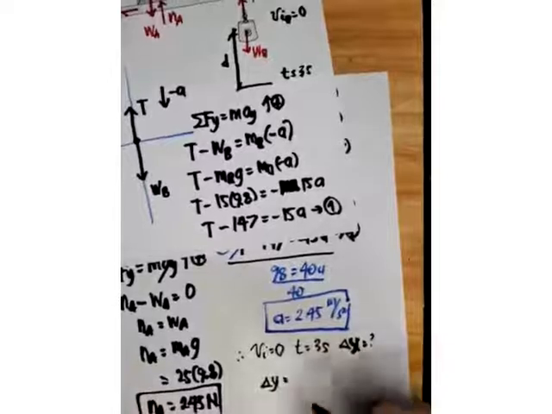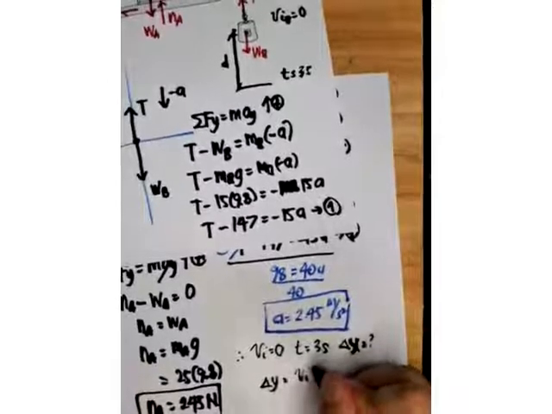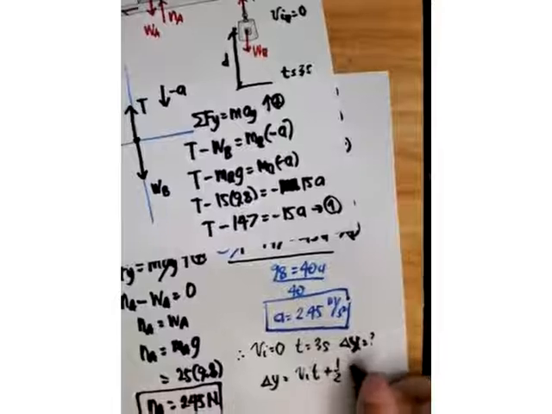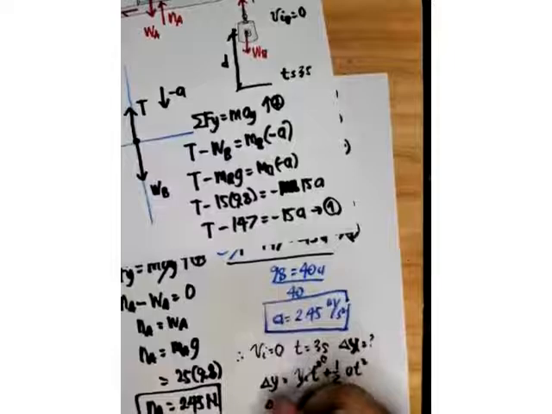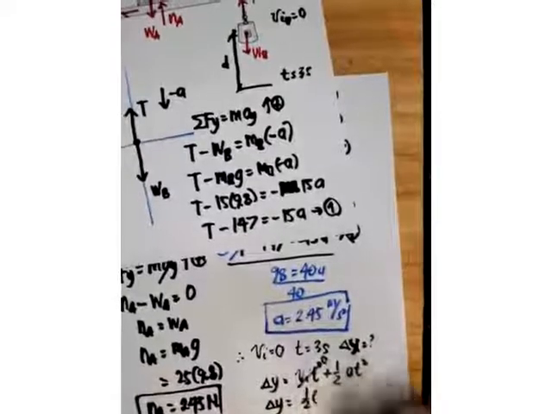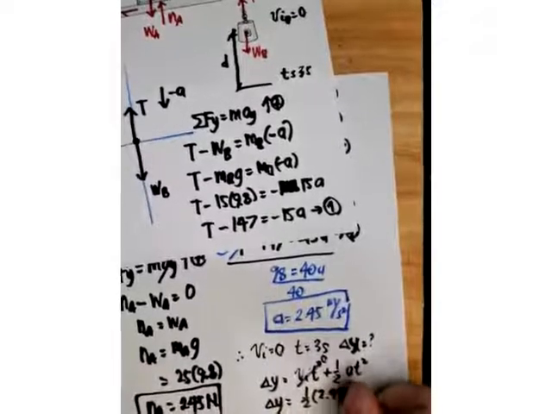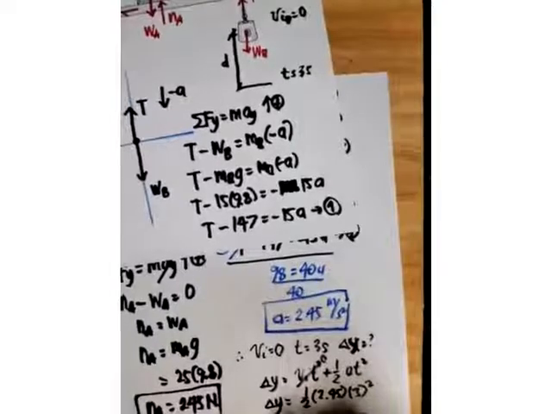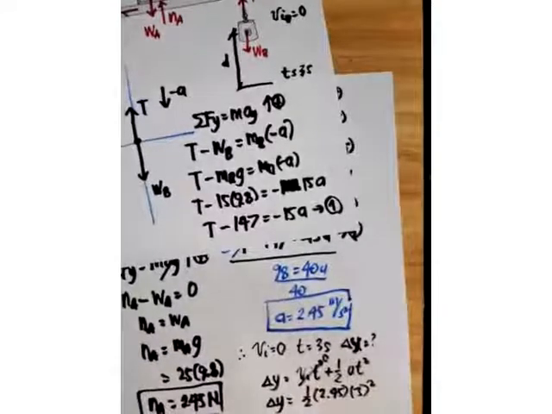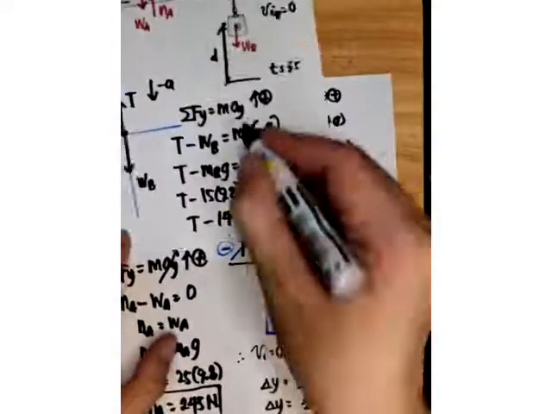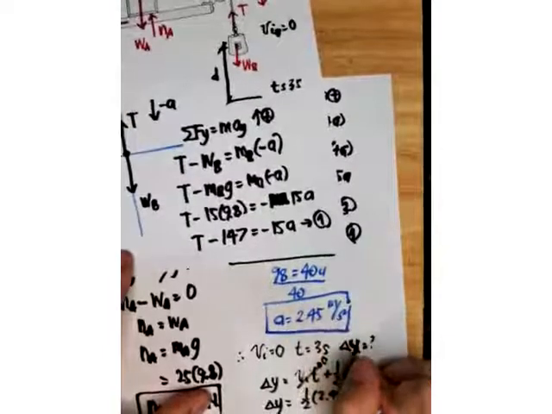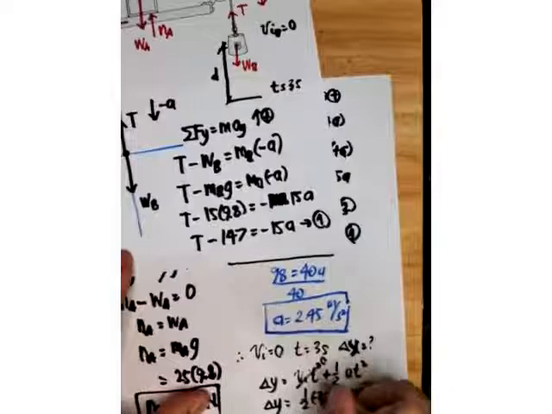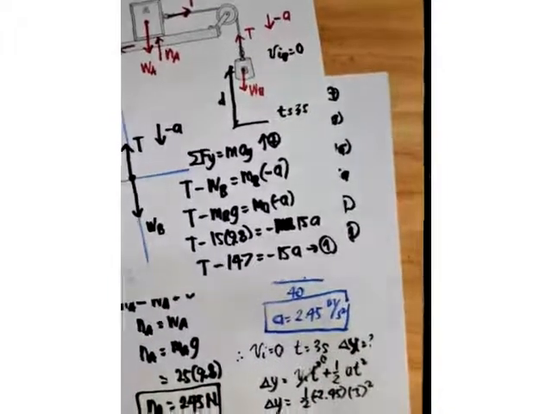Delta y is equal to v_i t plus 1/2 a t squared. The initial velocity is 0, so delta y is equal to 1/2 times 2.45 times 3 squared. Sorry, it should be negative, right? It's downward, so the acceleration is downward, which means it's negative. So the answer is negative.